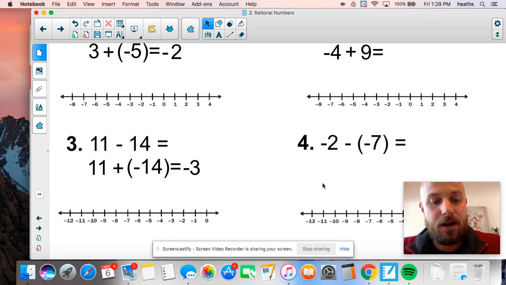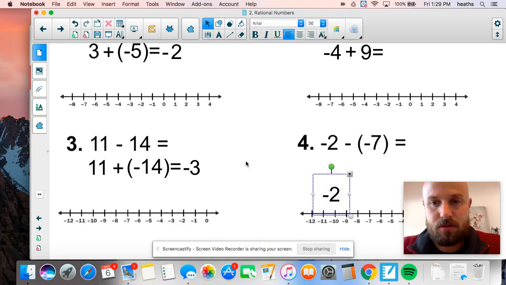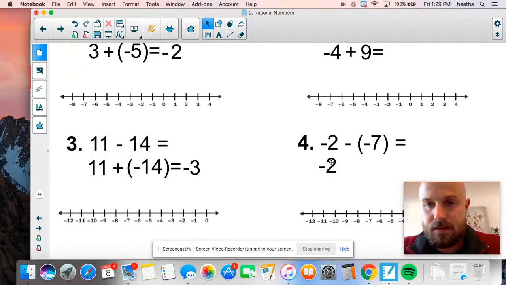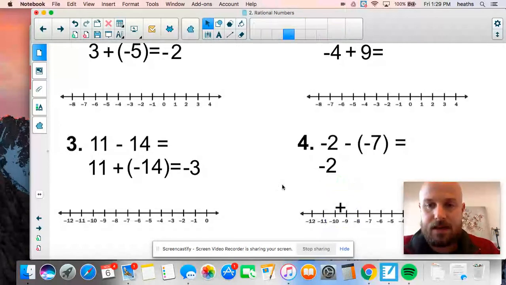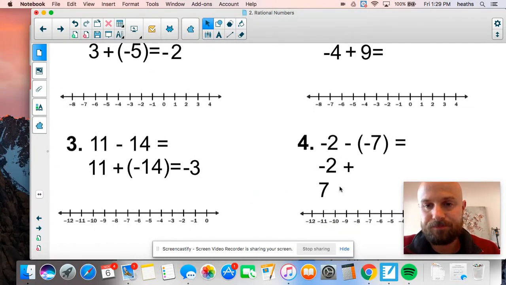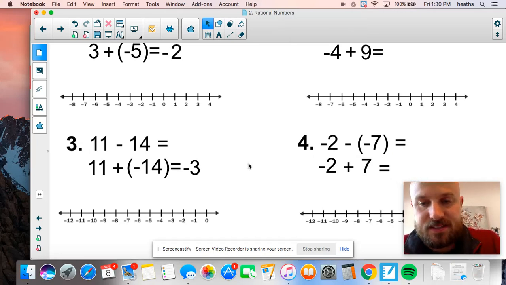Negative 2 minus a negative 7. We're going to add the opposite. And the opposite of negative 7 is going to be positive 7. So we now have a new problem. Negative 2 plus 7. Those are 2 different signs. We have a negative and a positive.